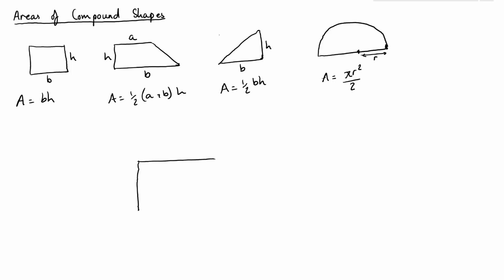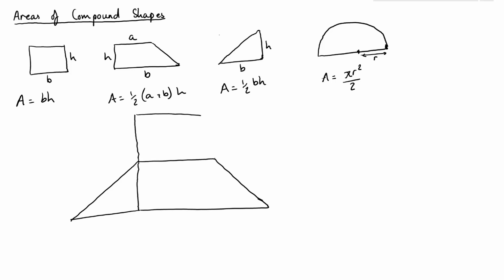I could have my trapezium here like this, and I could maybe put a right angle triangle back to back with this, like so, and then I could put a rectangle on the top, and then maybe I'll put a very large semicircle at the bottom here. And they might ask you to calculate the area of this shape.